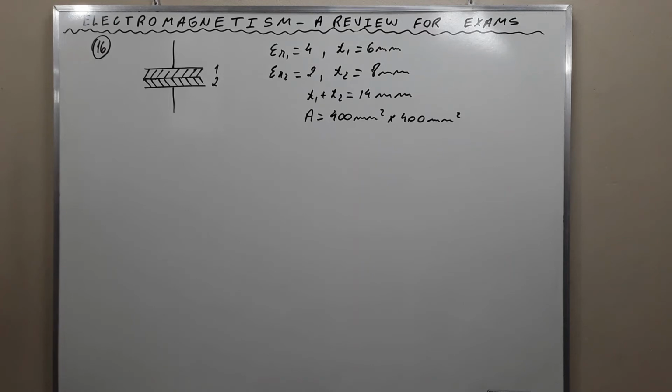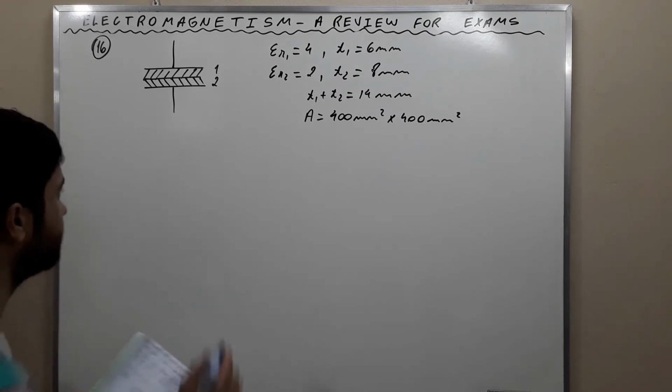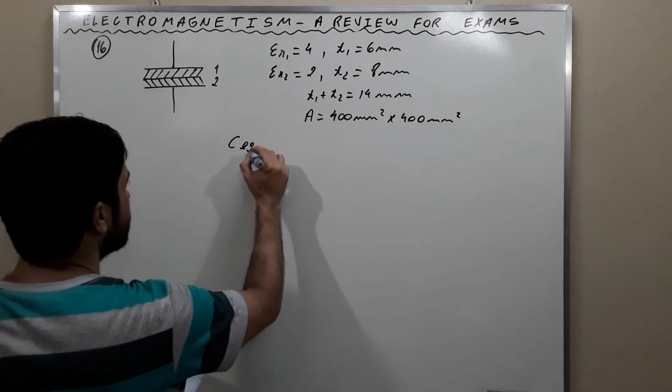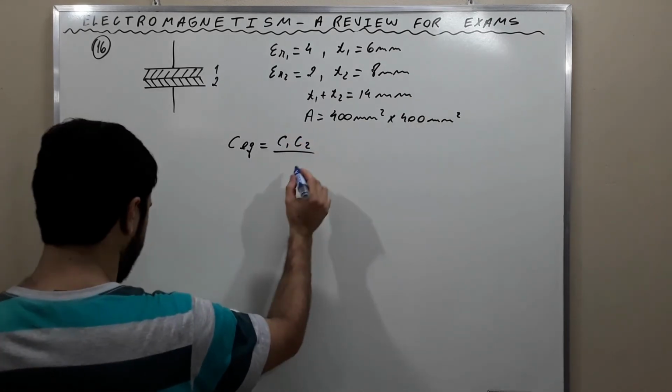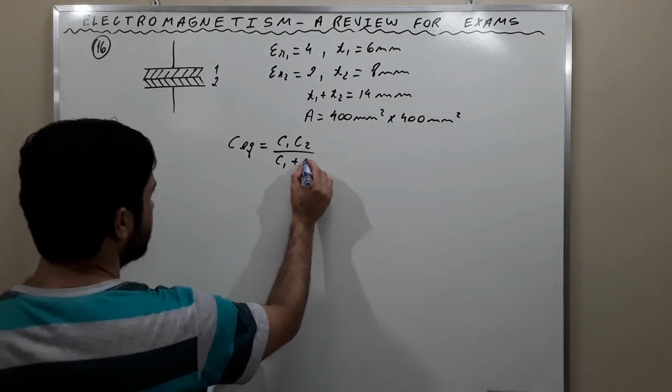Alright, as they are connected in series, it is the inverse of the resistor, okay? It is as if capacitors in series behave as resistors in parallel. So the equivalent capacitance is going to be C1 C2 divided by C1 plus C2.